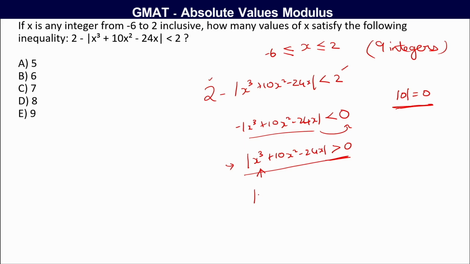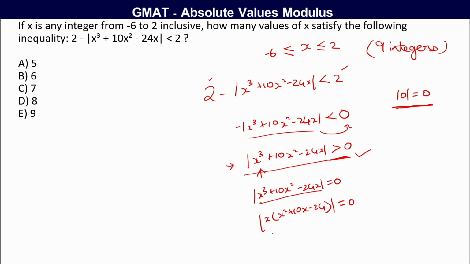So let us check where x cube plus 10x square minus 24x is equal to 0, since the inequality will fail there. Taking x common from this expression, we get x into x square plus 10x minus 24 is equal to 0.